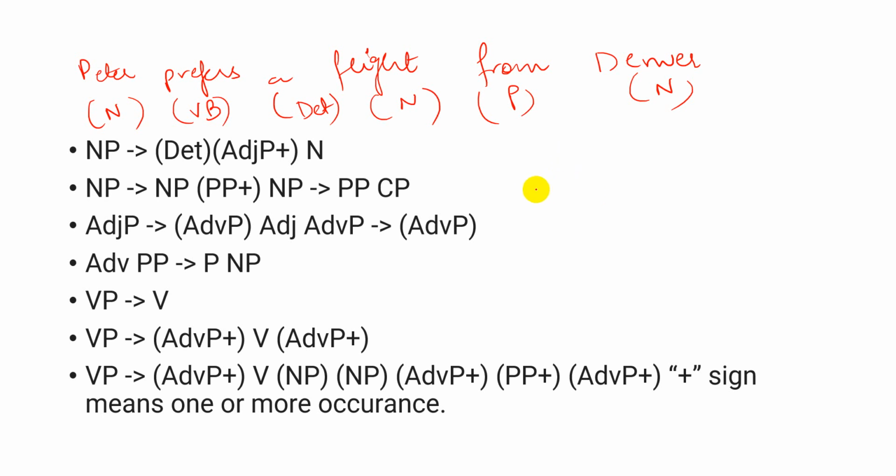So, how should we start? Peter prefers a flight from Denver. What we want first of all is to begin with the noun phrase, right? If I begin with Peter, since I have already assigned the nouns and the verbs, I can write noun phrase followed by some preposition.